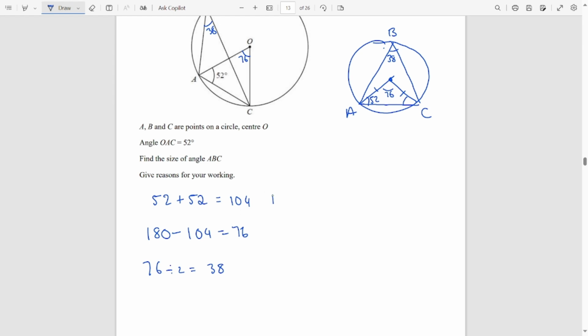And for the first one, we are going to say base angles in an isosceles triangle are equal. Feel free to play me at double speed if you are watching.